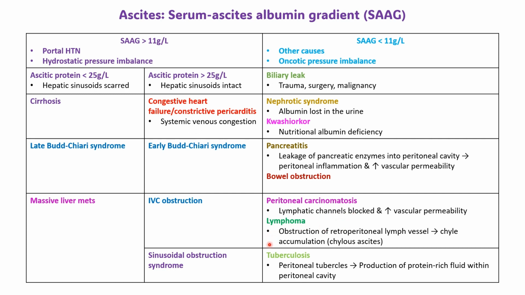And then we have lymphoma, where there's an obstruction of retroperitoneal lymph vessels, which can lead to the accumulation of chyle, and this results in something called chylous ascites. And then it can also result due to tuberculosis, where we have peritoneal tubercles. There's essentially from these tubercles a production of protein-rich fluid, and this happens within the peritoneal cavity.